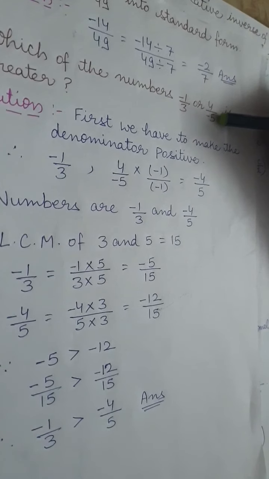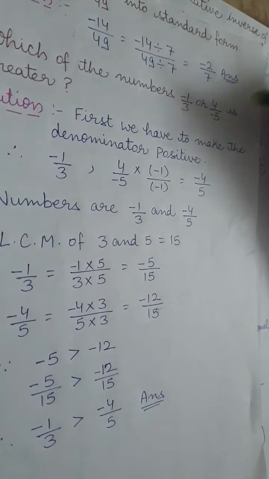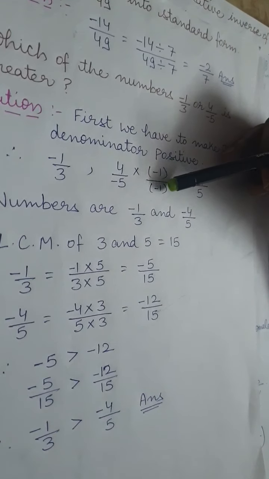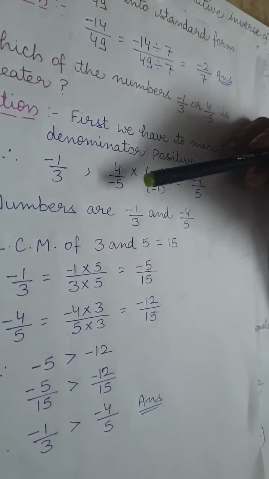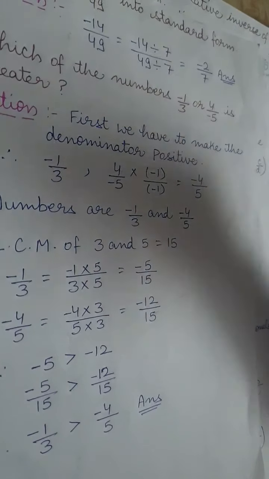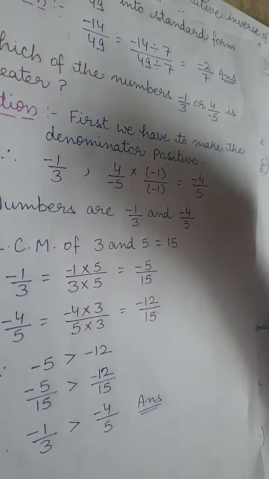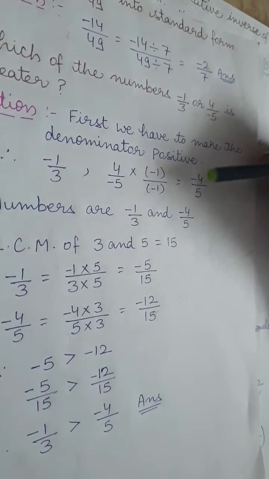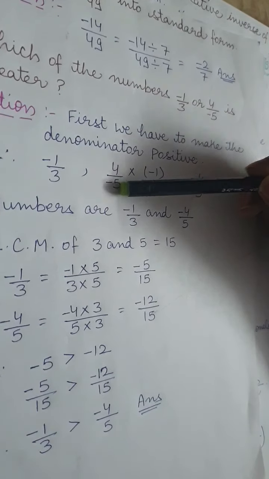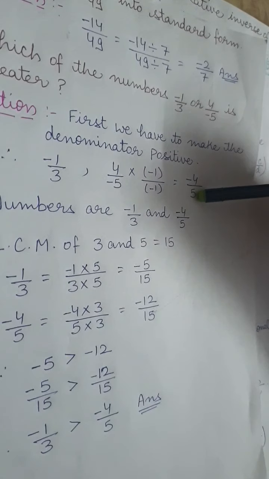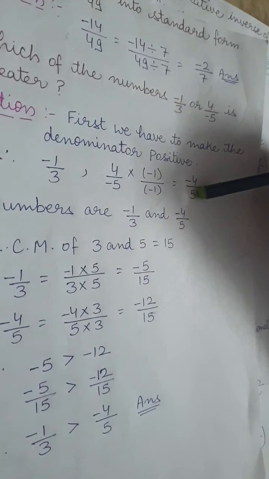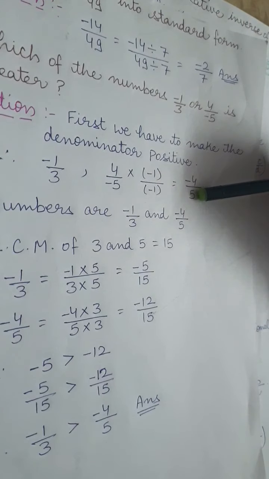In this the denominator is negative, so we must multiply both the numerator and denominator by minus 1. In this way we can convert the negative denominator into a positive denominator.